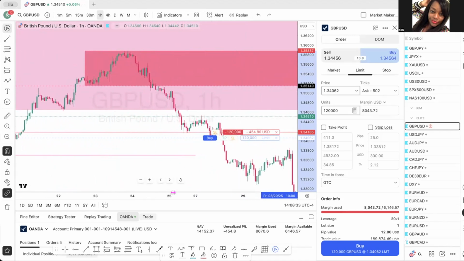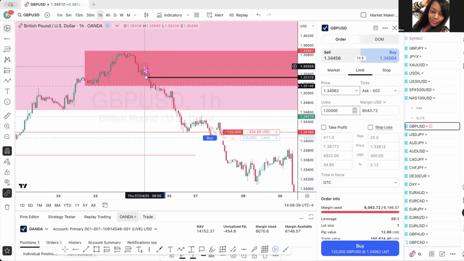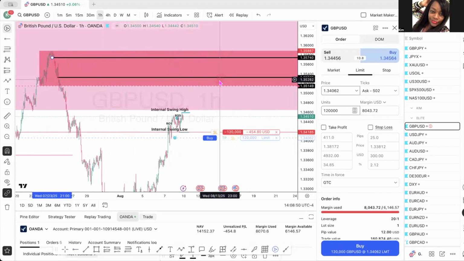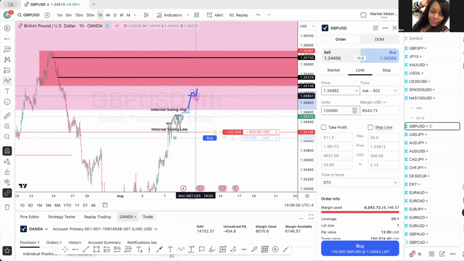you can mark up, you can do this if you want. I'm on the 1 hour. You have this demand zone here, this candle here, right? And then you also have this one here. So if price bought up into this zone, I would be looking for price to come up into here.